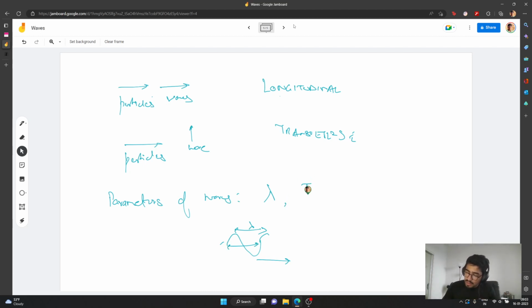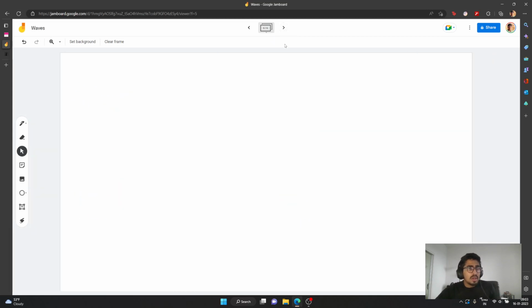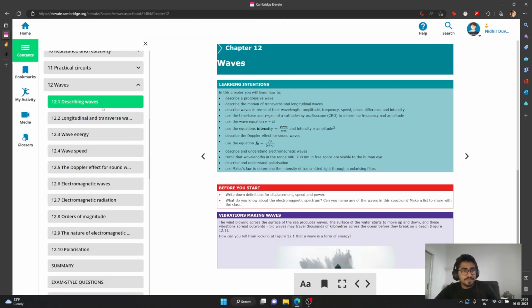Then we have time period, which is how much time it takes for every particle to go up and down fully. Then we derived frequency, which is equal to 1 by time period. Apart from this, we have defined amplitude and a generic term, which is displacement, and maximum displacement is amplitude, right? We defined all of this, so this is fine. So let's keep moving.